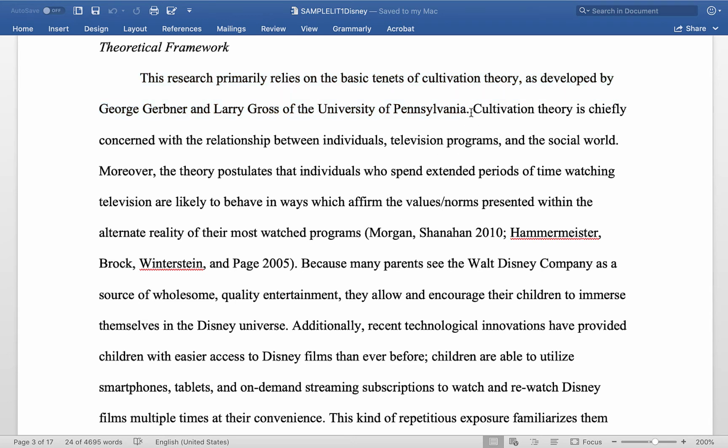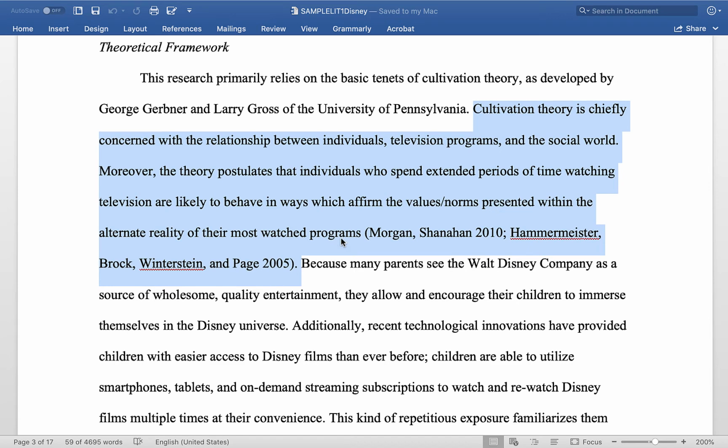Then the research is used to back up the arguments. Cultivation theory is concerned with the relationship between individuals, television programs, and the social world. Basically, they're saying people who spend extended periods of time watching TV are likely to behave in ways which affirm the values or norms that they see on TV, right?